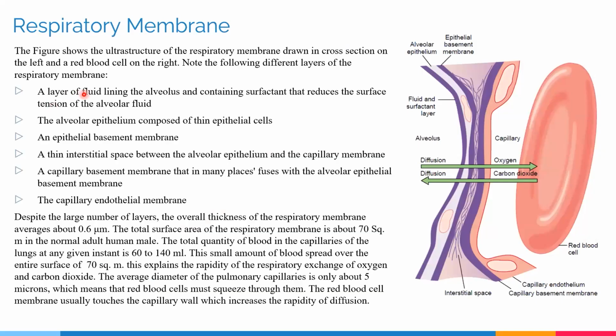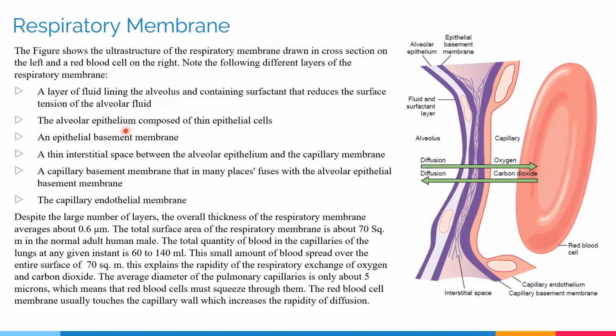So the figure here shows the ultrastructure of the respiratory membrane drawn in cross section on the left and an RBC on the right. Note the following different layers of the respiratory membrane. First is a layer of fluid lining the alveolus and containing the surfactant that we have already discussed before that reduces the surface tension of the alveolar fluid.